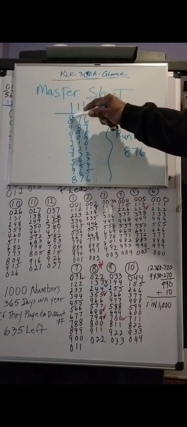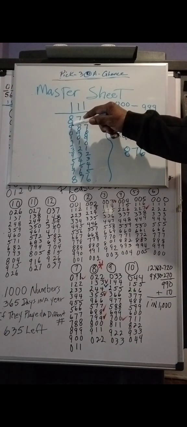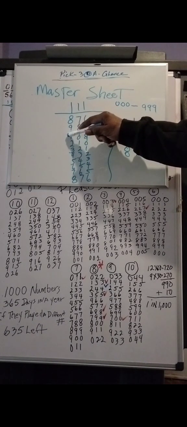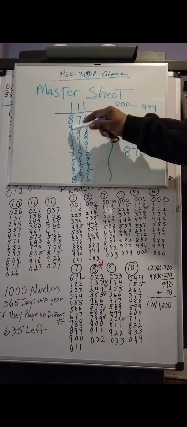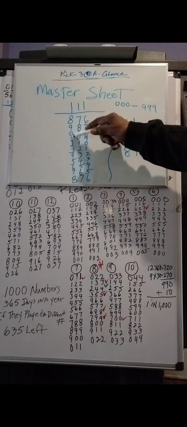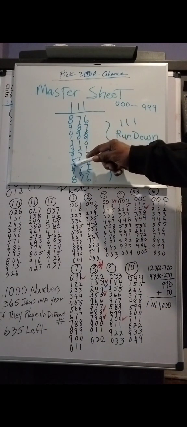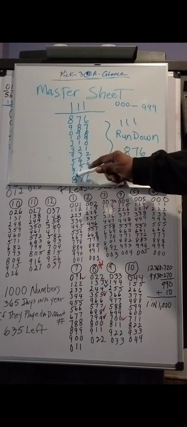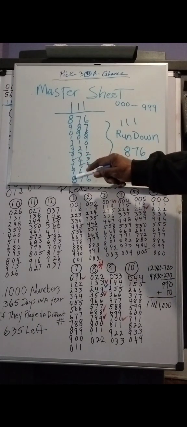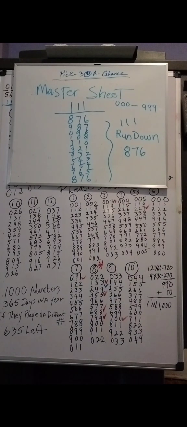So you add 1 to 8, you get 9. You add 1 to 9, you get 10. But you don't use the 1 in the lottery math, you use the 0 in the 1's place. And then you just count straight down: 1, 2, 3, 4, 5, 6, 7, 7, 8. When you get the 8 at the top and the 8 at the bottom, you know you added correctly.